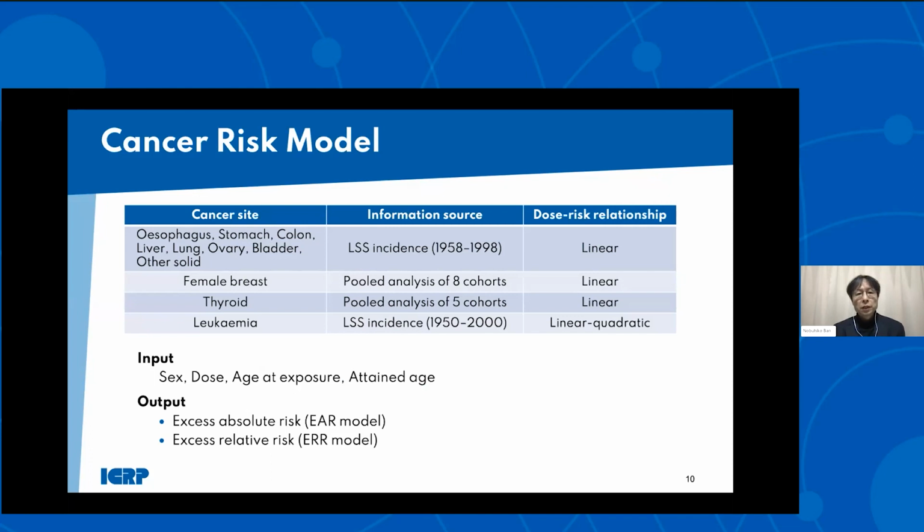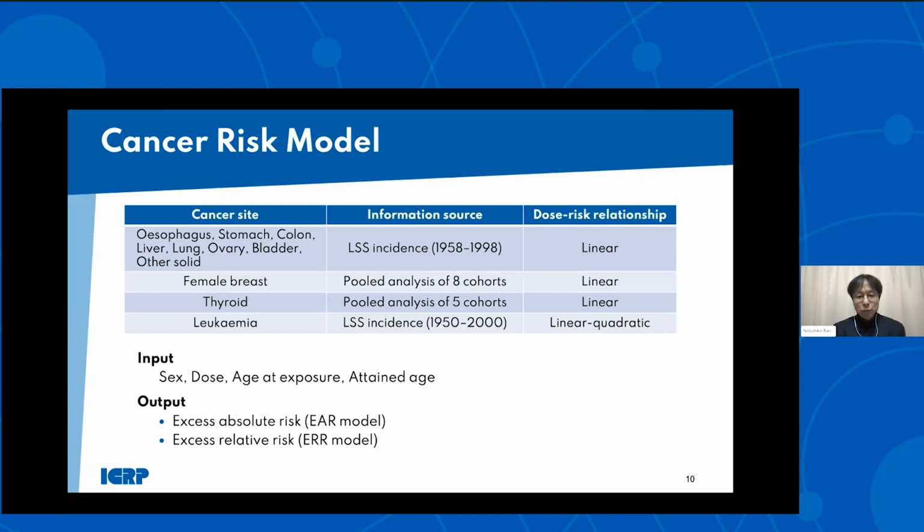For female breast and thyroid, data from pooled analysis were used. For leukemia, the risk model was developed based on LSS incidence data from 1950 to 2000, but this data was not published.